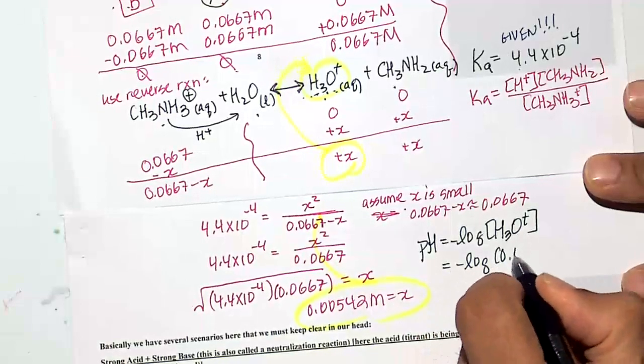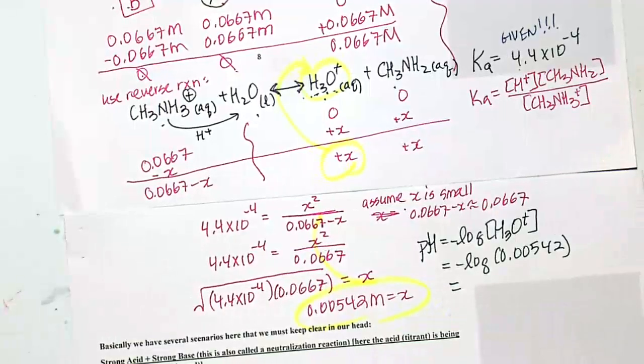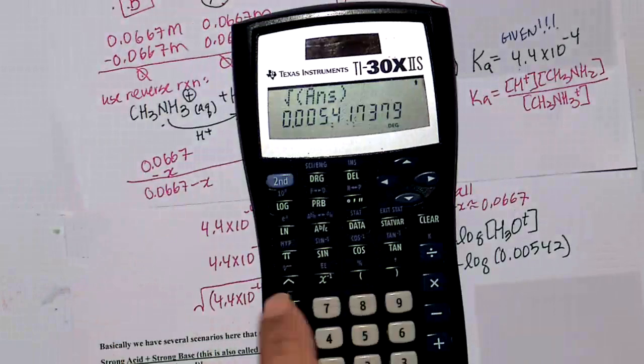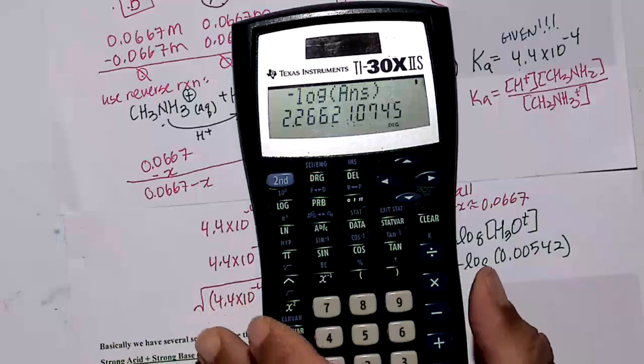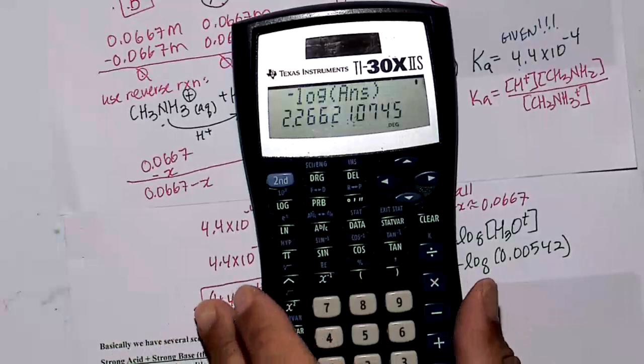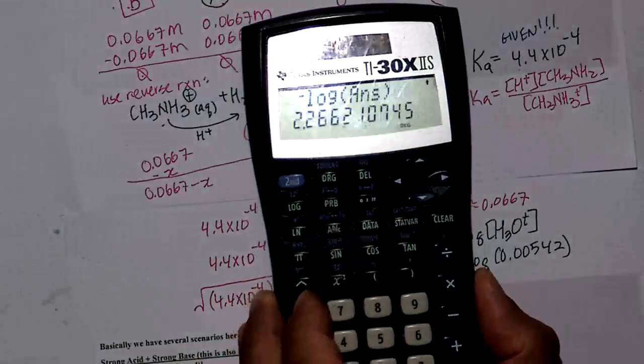So minus the log of 0.00542. What do you guys get on your calculator when you do that? Minus the log of this number, 2.27. 2.27 is what I'm getting. Okay, as long as there's no objections, we'll go with 2.27.